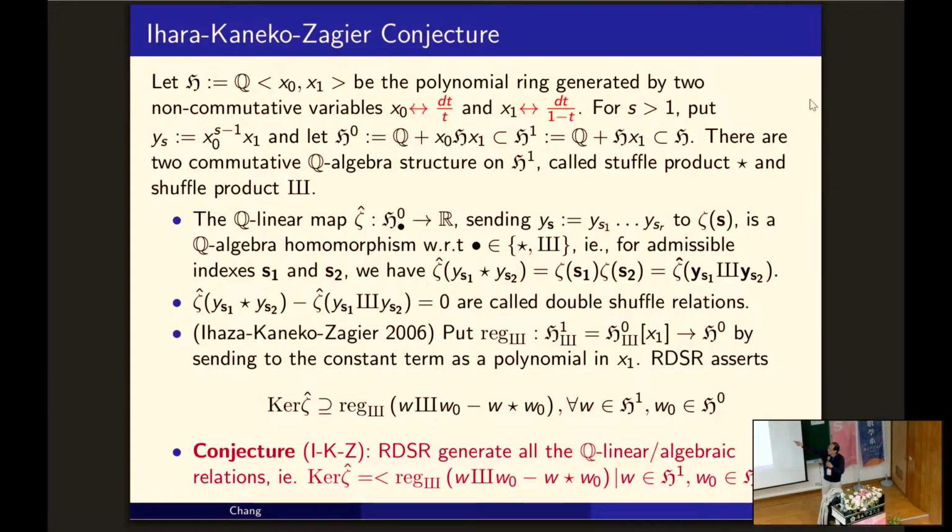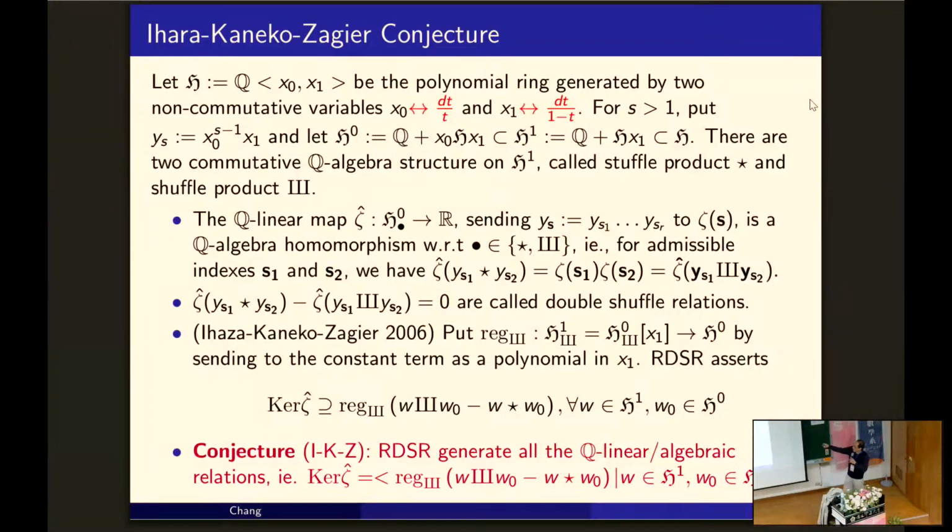From the two products, it means that in this abstract space, the product of two MZVs can be written simply like this. On the right-hand side, we have the zeta hat of the shuffle of these two words.